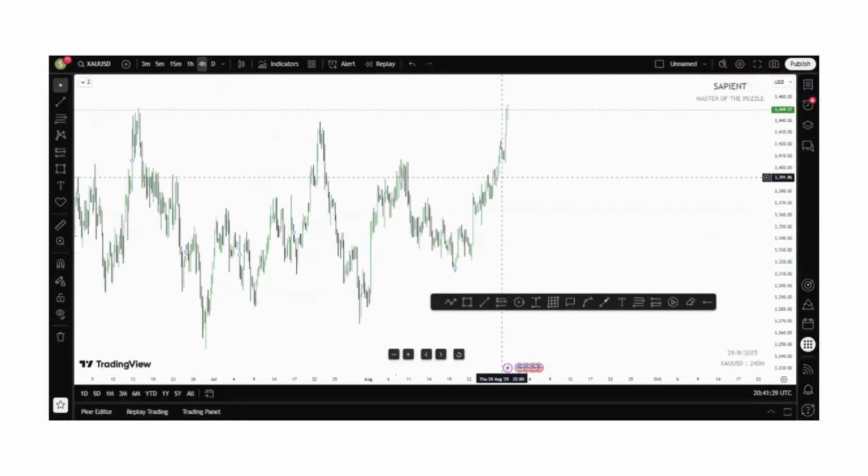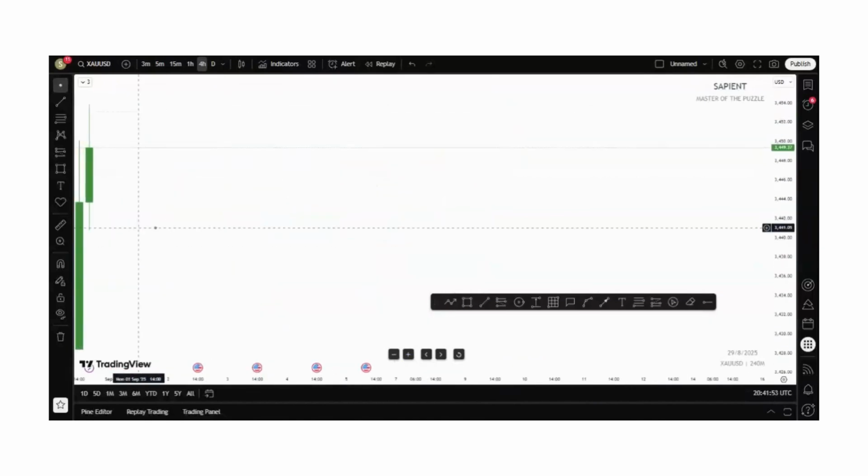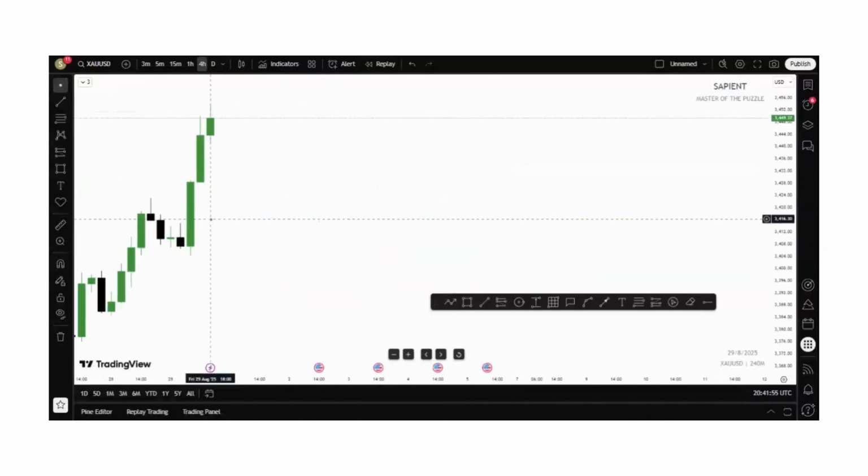It's used to represent the price of an instrument. When I zoom out, this is a candlestick up close and personal.